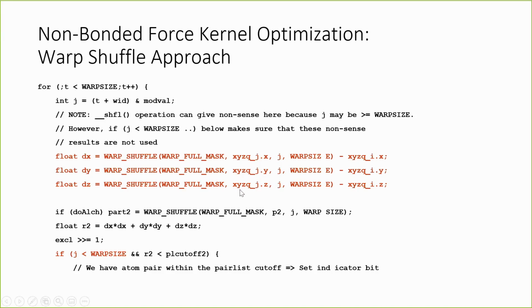It turns out we've been working on this code for a long time. This is one of the parts of the code that's been accelerated the longest. When we first adapted NAMD for Kepler hardware, it became possible to use warp shuffles to do efficient reductions. And we came up with a scheme that used a warp shuffle to do some of this non-bonded calculation.